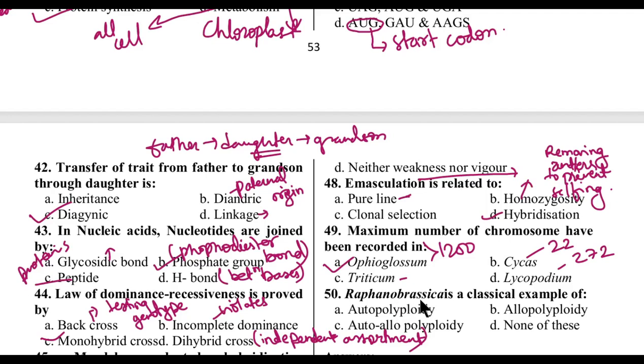And Raphanobrassica is an example of, obviously our answer is allopolyploidy. And it's because it is the cross between radish and cabbage. So this was for today, and I will see you in our next video discussing genetics.